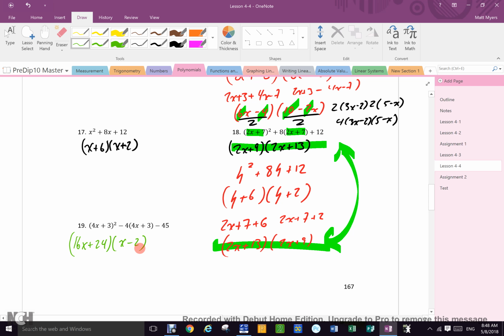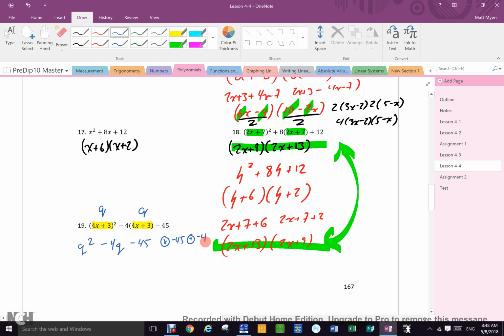What do you see there and there? 4x plus 3, which means you can make it any other symbol, yes? So that means this is q squared minus 4q minus 45, yes? Which means I need factors of minus 45 that add to negative 4. What are they?